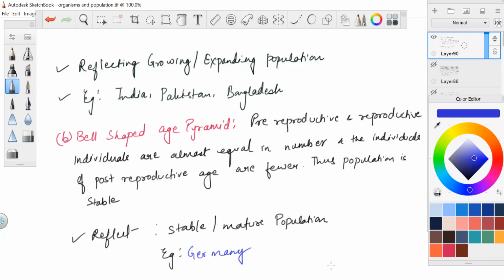They have a stable, mature population. Here pre-reproductive and reproductive individuals are almost equal in number, and the individuals of post-reproductive age are fewer.